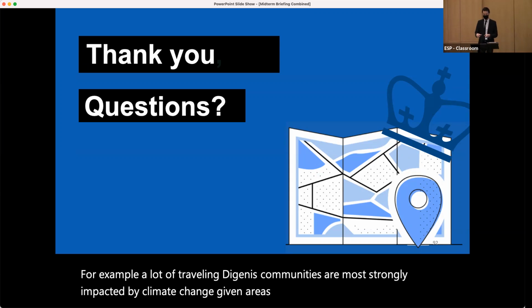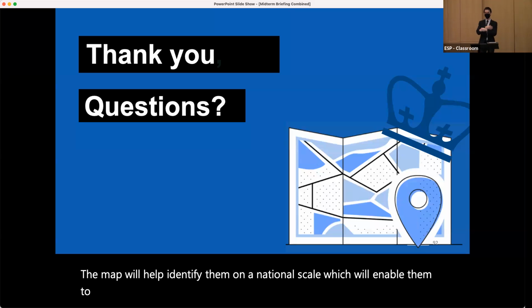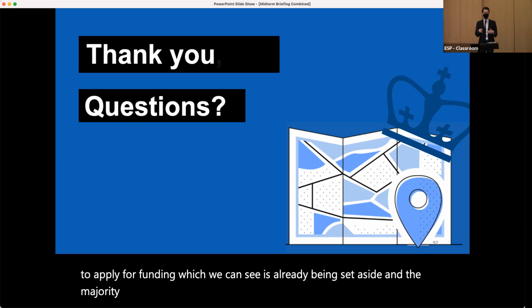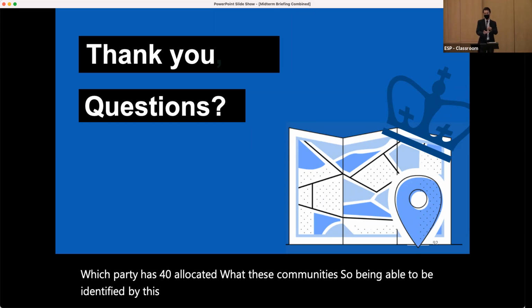And with this bill, the map will help identify them on a national scale, which will enable them to apply for funding, which we can see is already being set aside in the majority of bills that are being introduced, such as the ones we talked about today, which already have 40% allocated towards these communities. So being able to be identified by this bill as targeted communities makes them more eligible for that relevant investment.